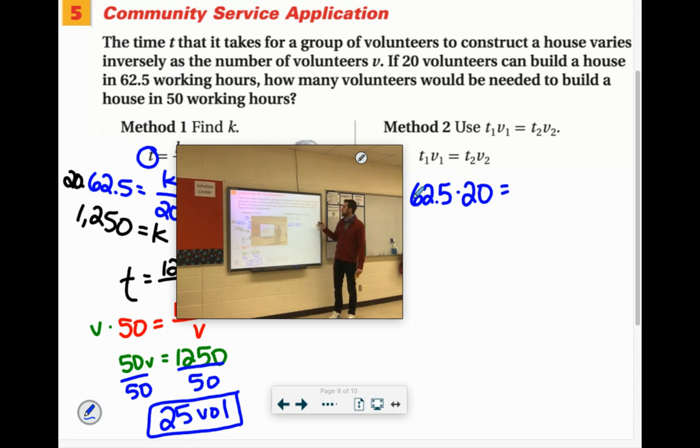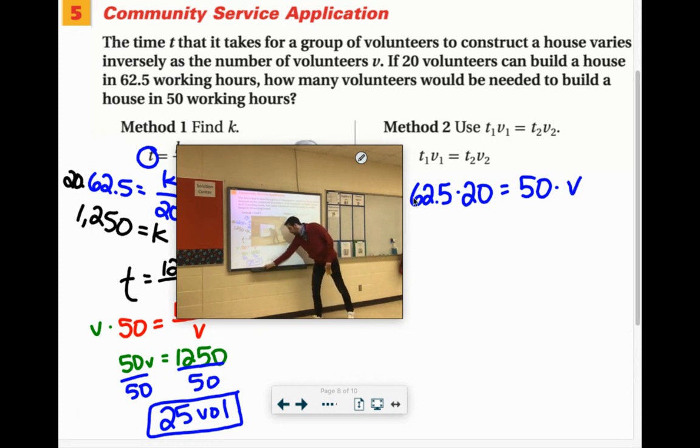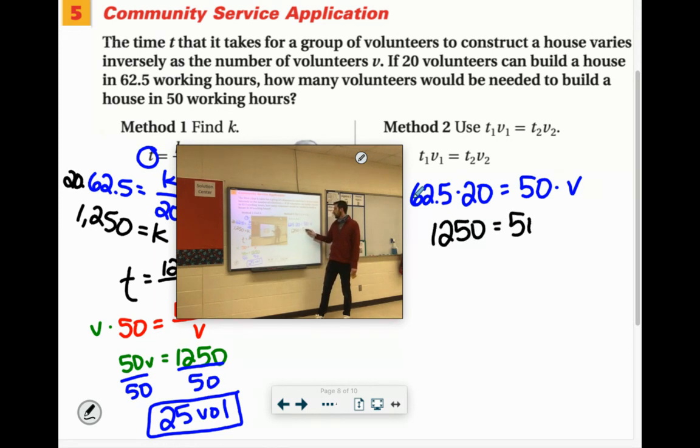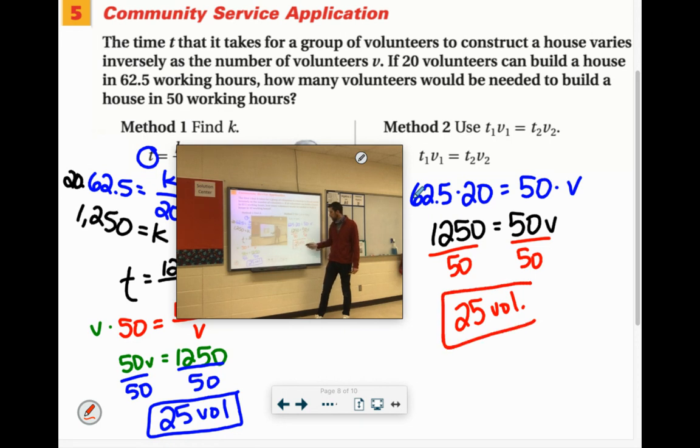And then the other set was like, how about if you only had 50 hours, how many volunteers would you need? Great question. So we multiply these, we get our 1,250 equals our 50 times our number of volunteers. We divide by 50, and you end up with the exact same answer. You get 25 volunteers. Two ways to do the same problem.